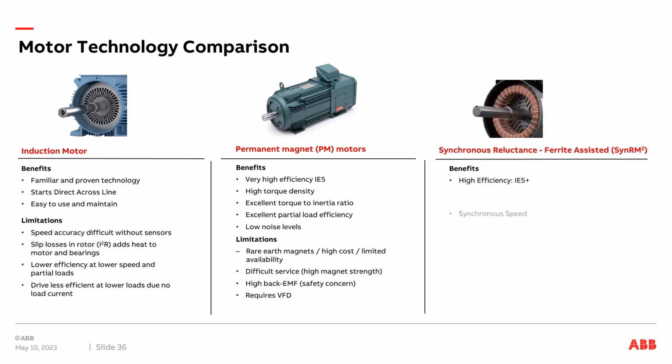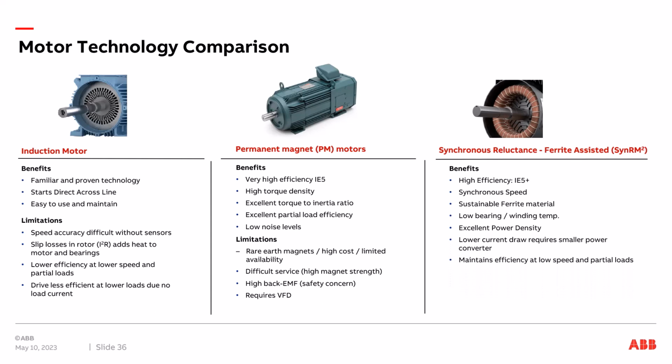A synchronous reluctance motor, a ferrite-assisted one, has high efficiencies, IE5 or much better than a permanent magnet motor. It has a synchronous speed, which means there's no slip. So if it's going at 1800 RPMs, it's 1800 RPMs. Its sustainable ferrite material is low cost, and we can get it pretty much anywhere in the world. It has low bearing temperatures and low winding temperatures.